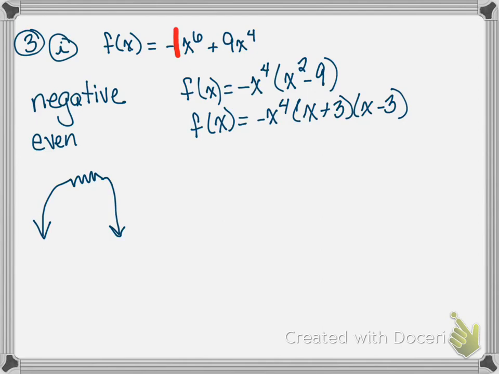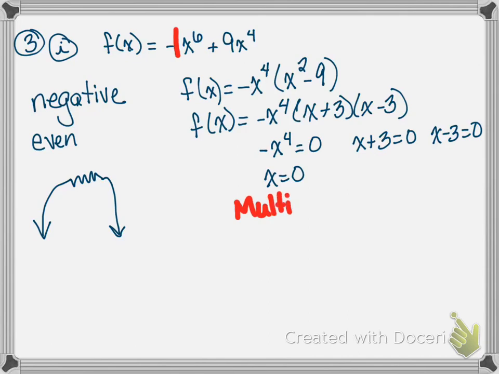If I've got negative x to the 4th as one of my factors, I'm going to set that equal to 0. Then I have x plus 3 equals 0 and x minus 3 equals 0. So x equals 0, and x equals 0 has a multiplicity of 4. Okay? 0 occurs 4 times. A multiplicity of 4.